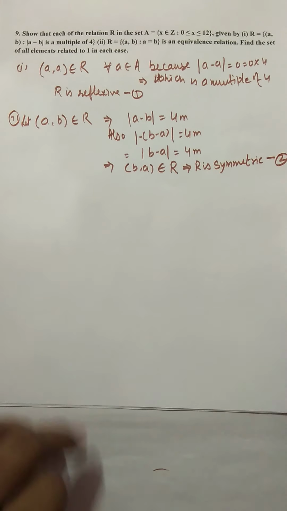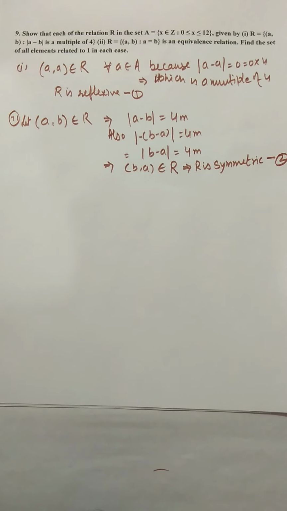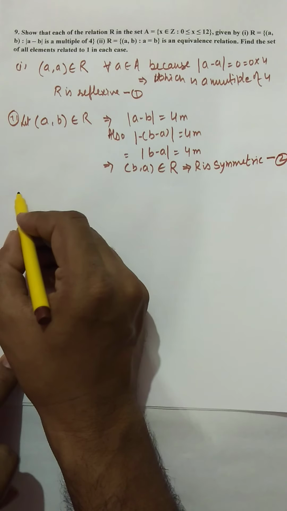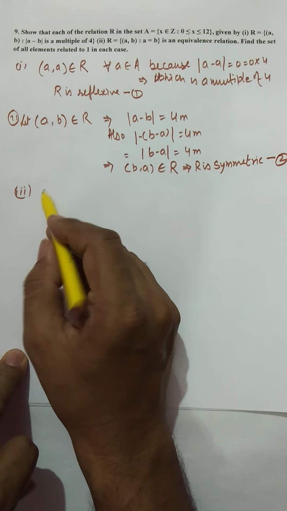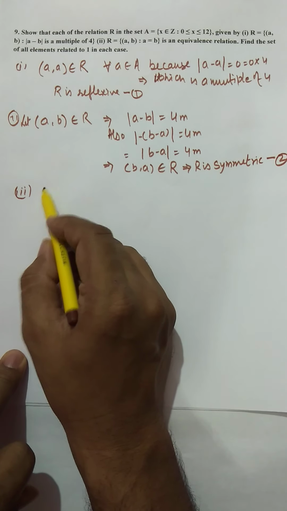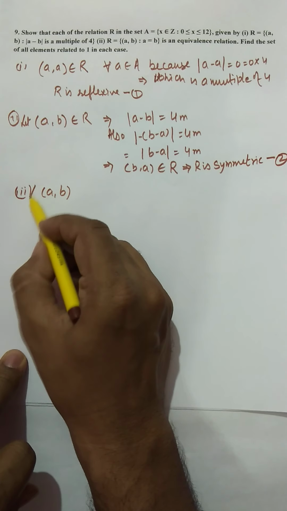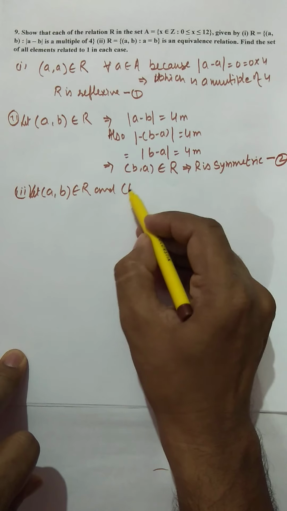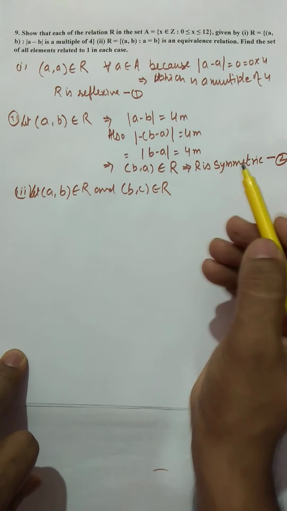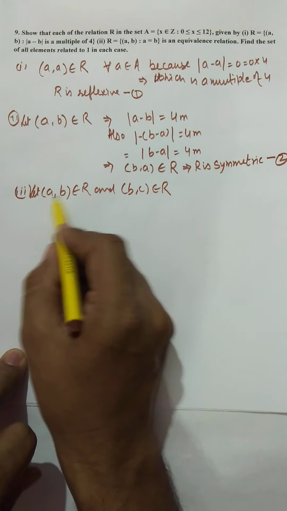Now the third part, we have to show that this is transitive. Let (a, b) belong to R and (b, c) belong to R. So what does it mean when I say (a, b) belongs to R?